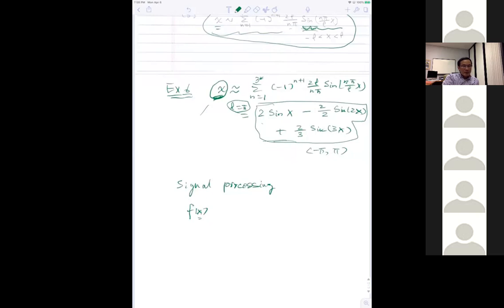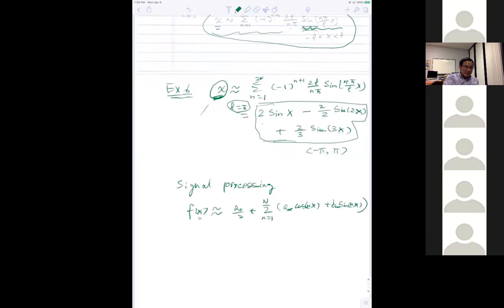So the idea is that you can expand this as a finite Fourier series, a_n cos nx plus b_n sin nx.